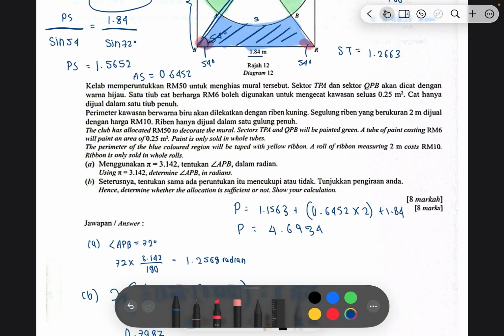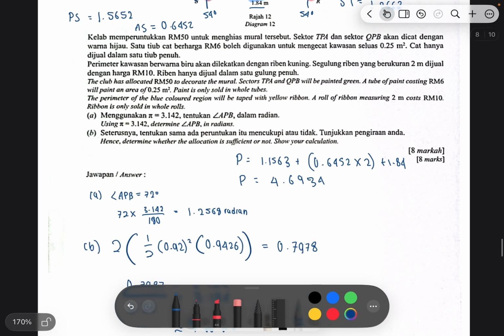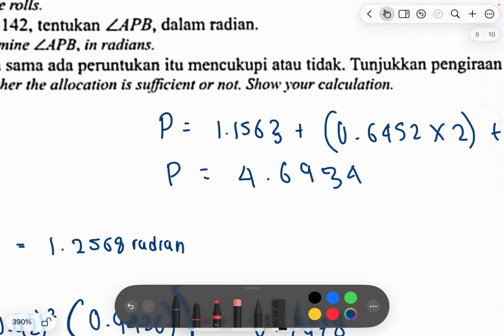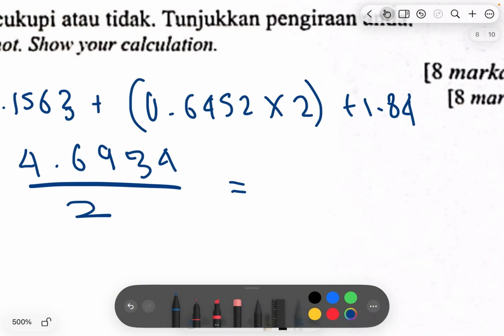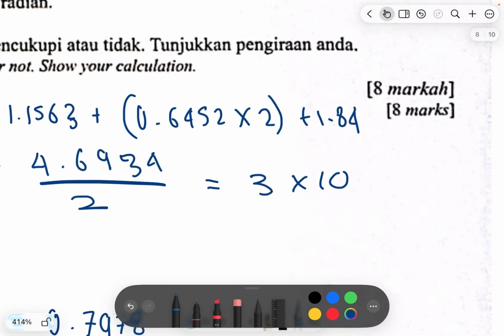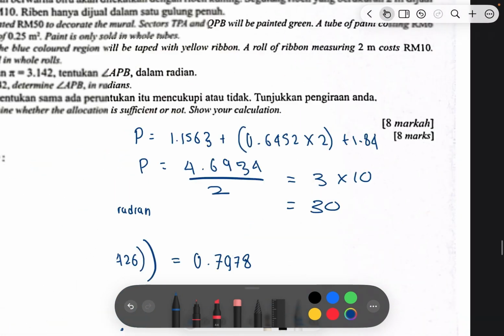Okay, so I have to divide it by 2, which is equal to about 2.3, so I'll just round it up to 3. Then 3 I have to times by 10, so I get 30.